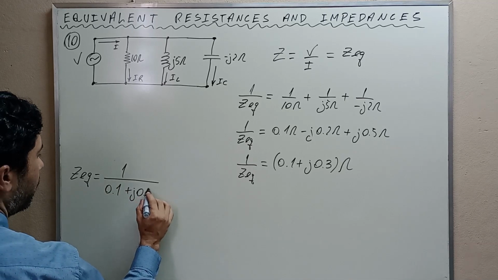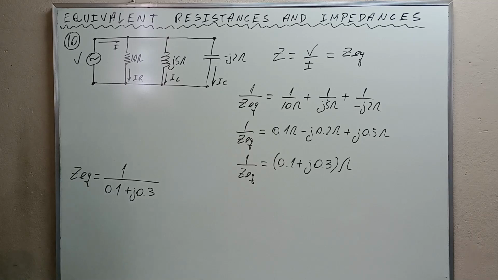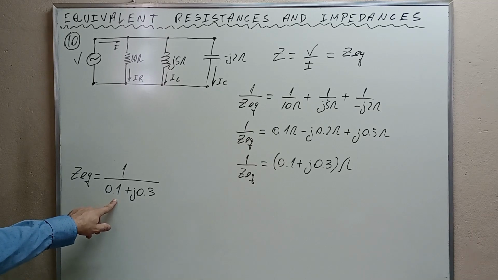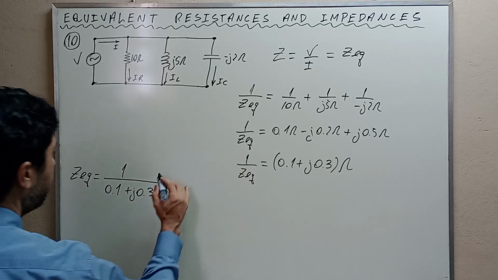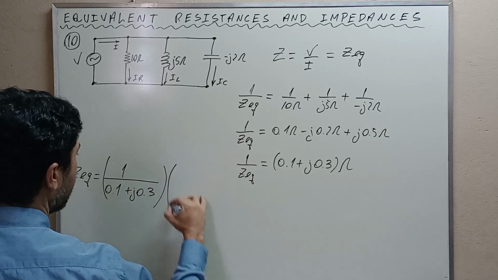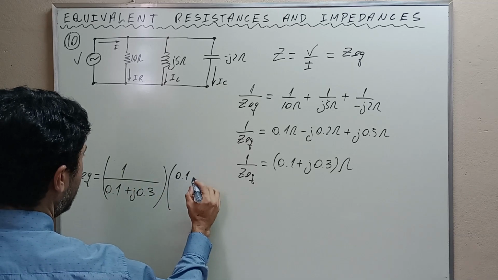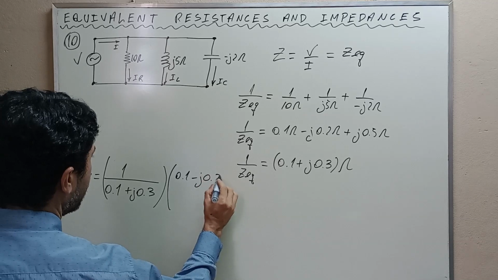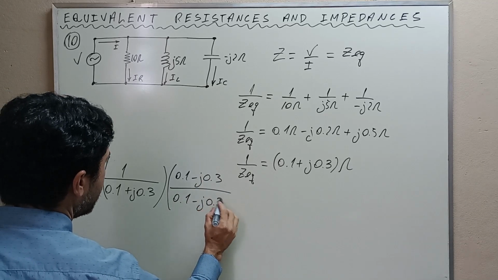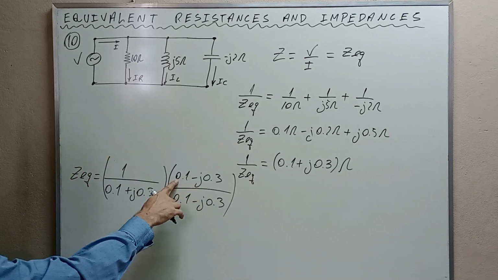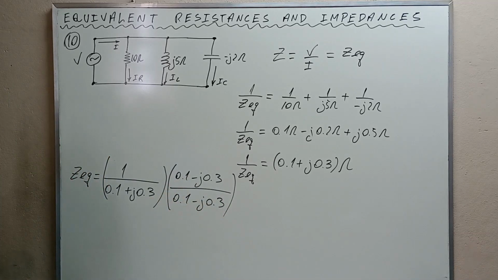J0.3. However, the complex number is in the denominator. We want to convert it to the numerator, and to do this we multiply by the complex conjugate of this number, 0.1 minus J0.3, over 0.1 minus J0.3. A number divided by itself is 1.